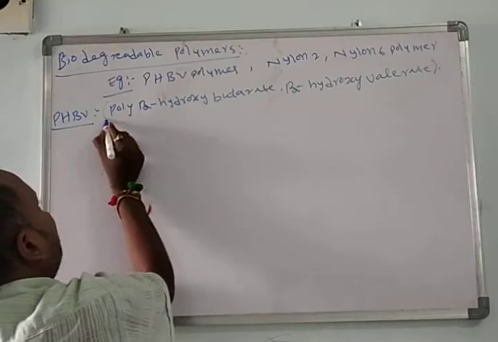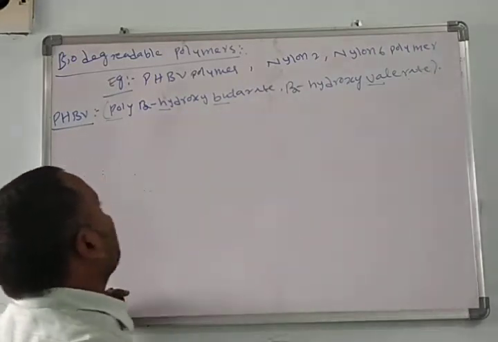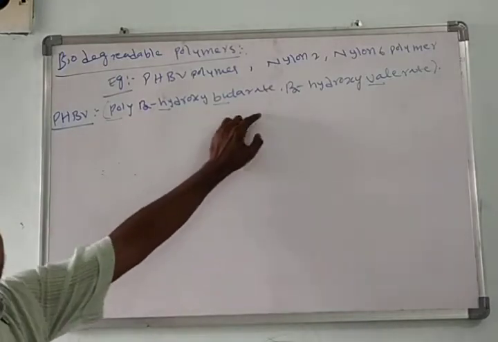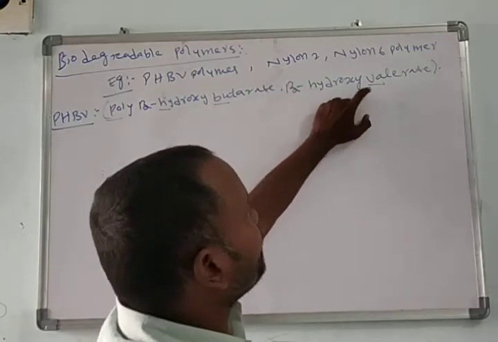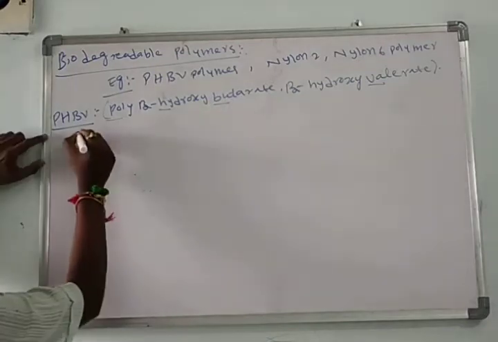This is the PHBV polymer: poly beta hydroxy butyrate and beta hydroxy valerate. This is one of the polyesters.